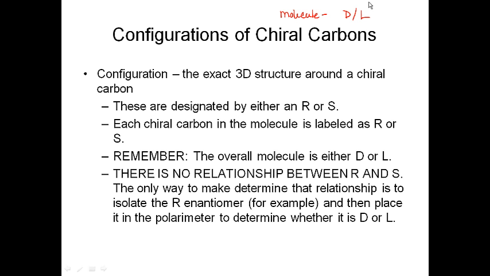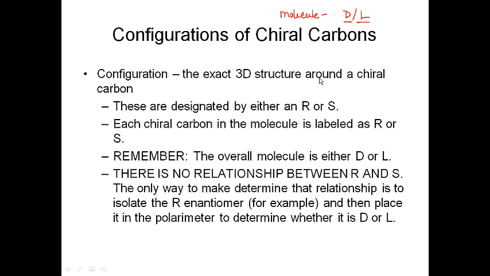Later, we're going to talk about molecules in their D and L forms that have more than one chiral carbon. We're going to start easy with just one chiral carbon. But when we talk about molecular chirality, we're talking about D and L.